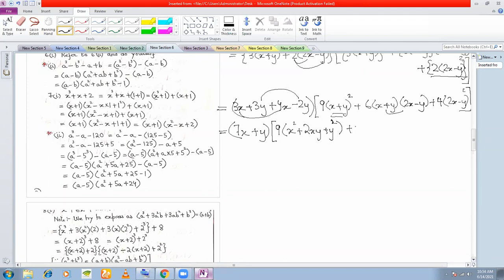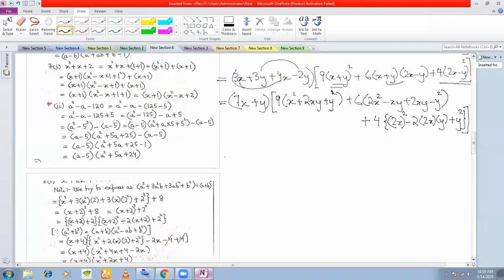Plus you multiply these two, 6 times 2x square minus xy plus 2xy minus y square, plus 4 times 2x minus y whole square. So this is again you expand by the a minus b whole square formula. What do you get? A square minus 2ab plus b square. Okay. So now you have 7x plus y.